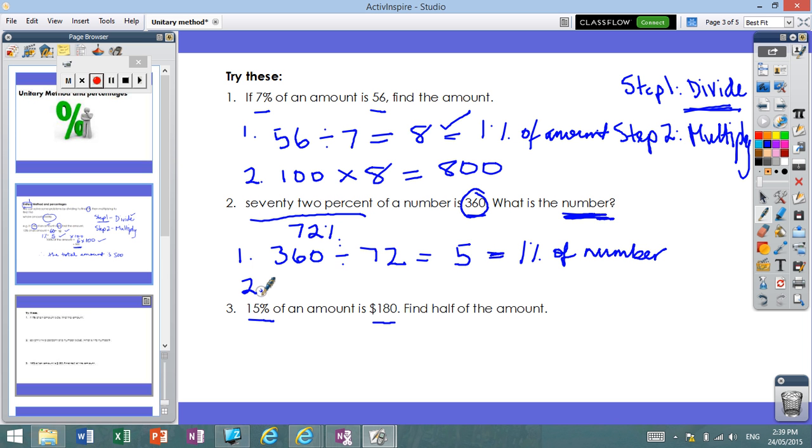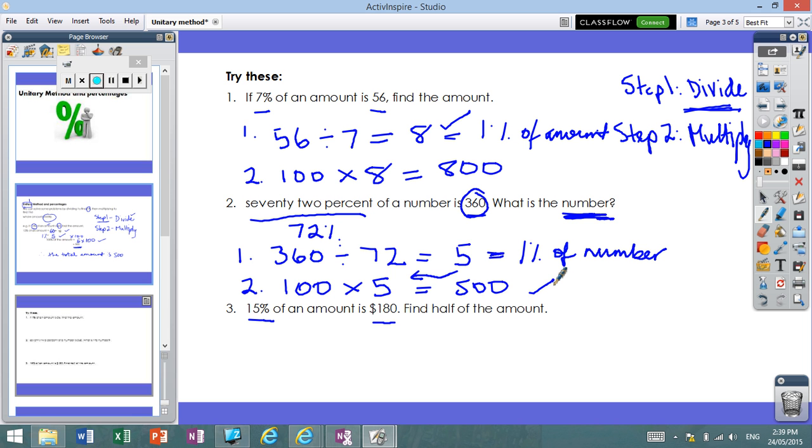So in step 2, we need to find 100% of it. 100 times 5 equals 500. So what is the number? If you have 72% and it is 360, then the actual 100% number is 500. Hopefully you got that right.